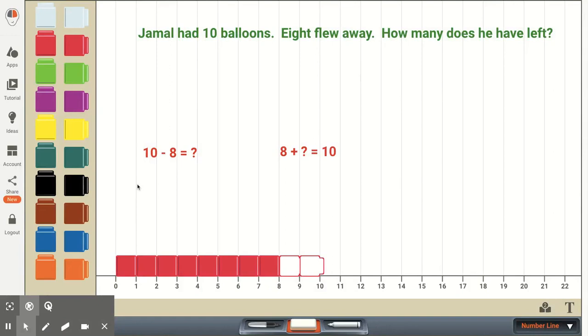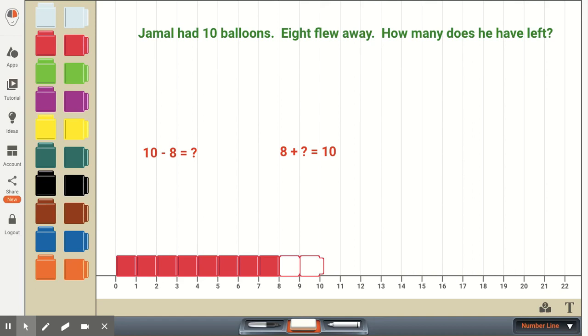So once your first grader has an understanding of these fact families, we can try to see, using a word problem, if your first grader would be able to come up with a couple of different equations. For instance, in this word problem: Jamal had 10 balloons, 8 flew away.